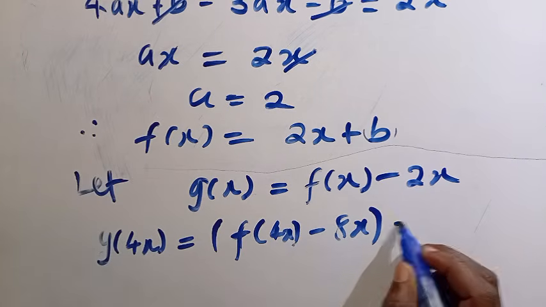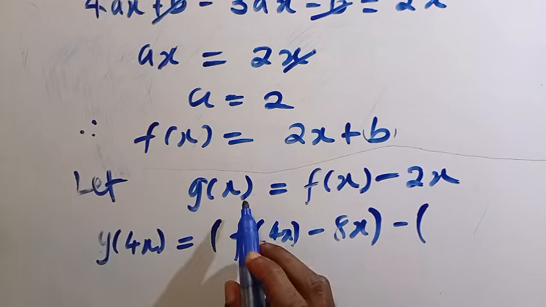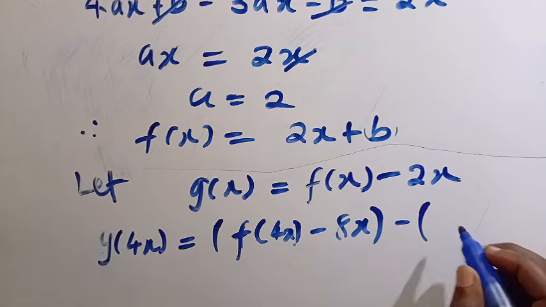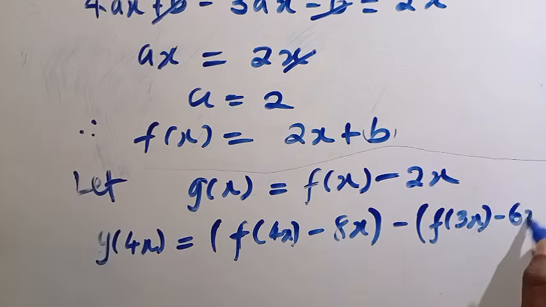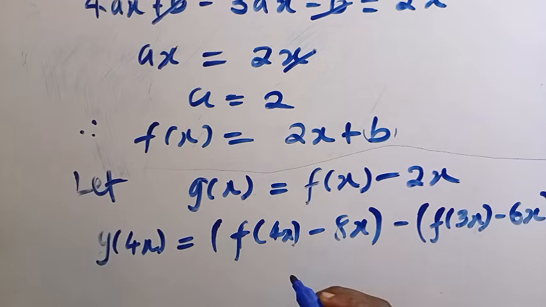Then for the second one, minus, if I change x to 3x, then we have it as f of 3x minus 6x. Make sense?